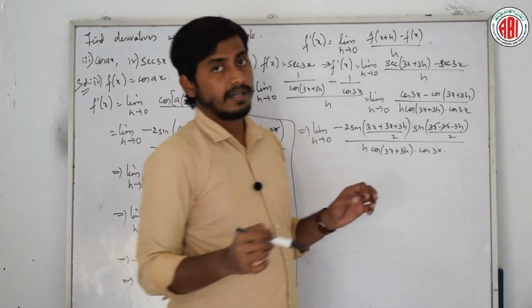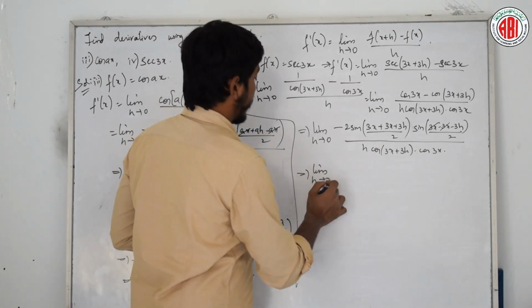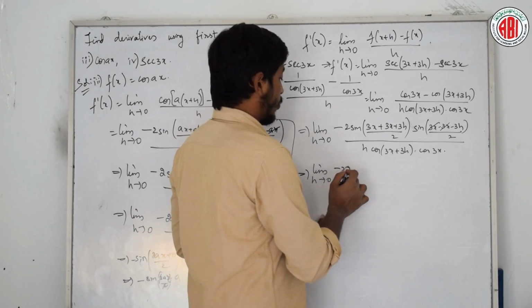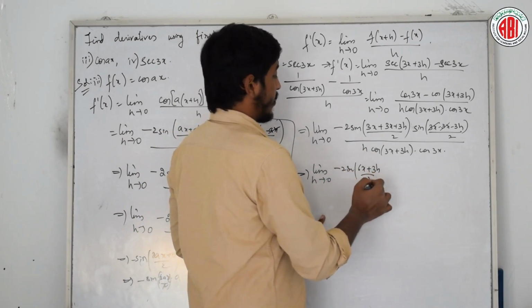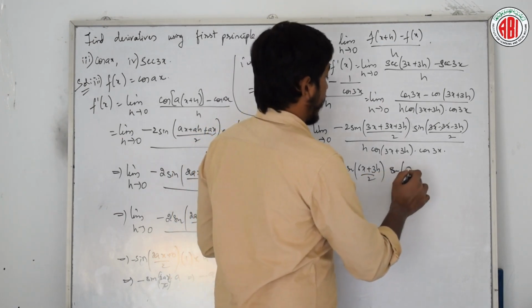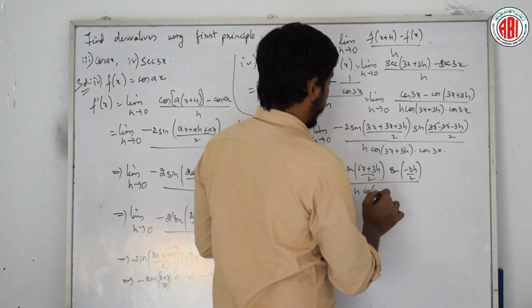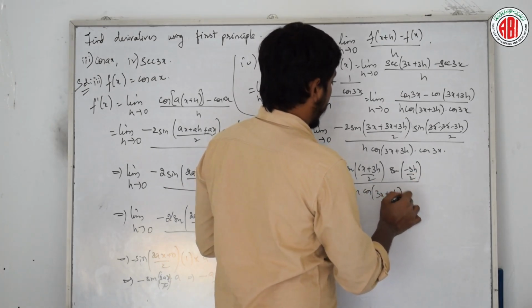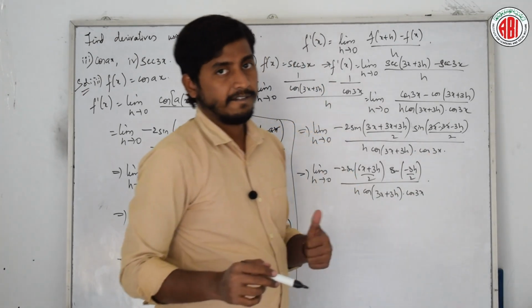Just see here. Then let us write limit h tends to 0 minus 2 sine of (3x plus 3x plus 3h)/2, that is (6x plus 3h)/2. We can't do anything more than that. Then sine of minus 3h by 2, divided by h cos (3x plus 3h) into cos 3x. Fine.